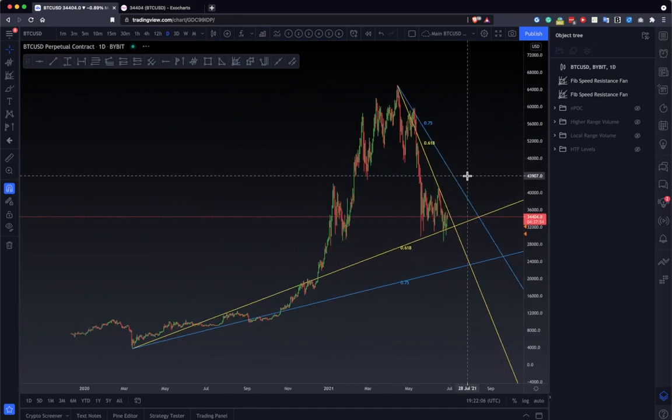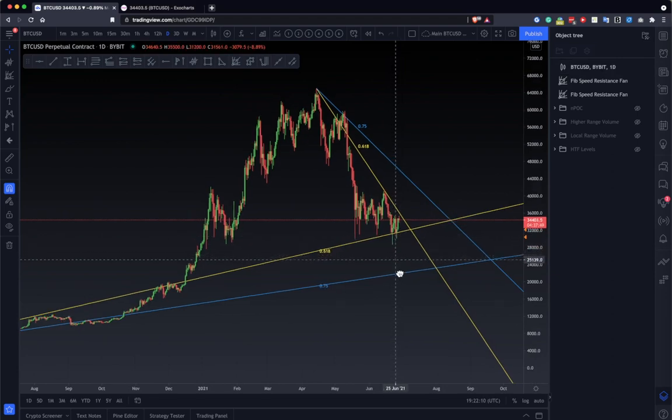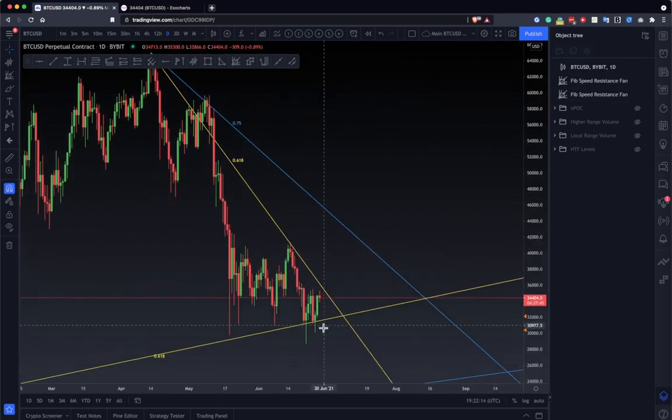These are our speed fan resistances. Here it was a big support. Here we had a big resistance.